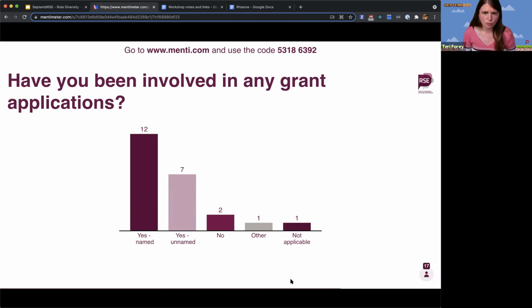So the majority of people are saying yes, and they were named on the grant application itself. Then we've got people who were involved but not named. Only 2 people have not been involved at all in the grant application process, or at least not in the way that we've been talking about it.